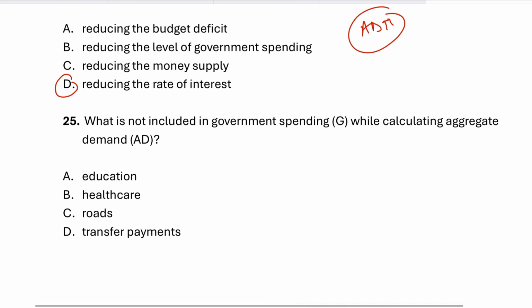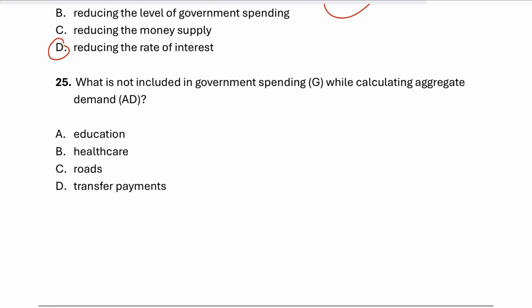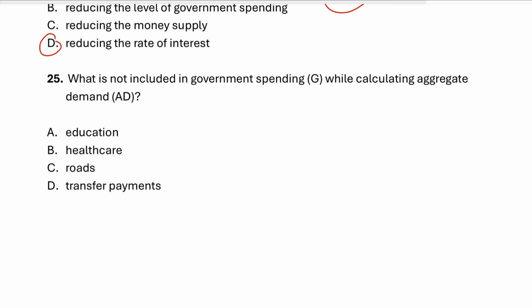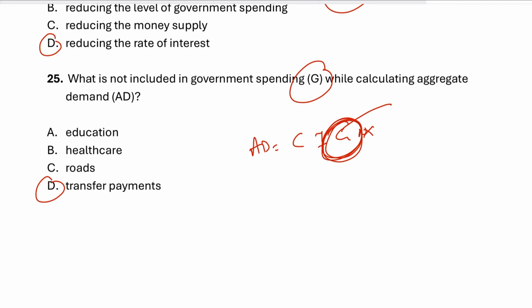Question number 25 says, what is not included in the government spending while calculating aggregate demand? Pretty simple, transfer payments, because government spending is part of AD equals C plus I plus G plus net exports. When you calculate this G figure, the government spending component, it includes spending on education, healthcare, roads, and infrastructure.